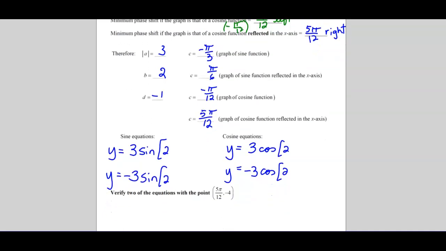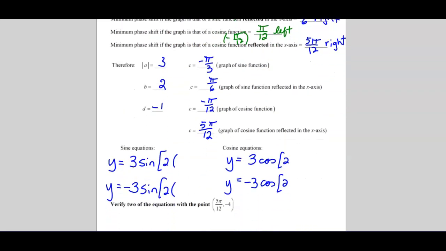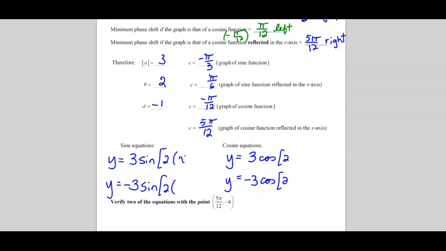Then within that, there's translations, horizontal, so open bracket. And we're dealing with, is it theta or x? It's x in this case. So x minus negative pi over 3 will be plus pi over 3. X minus pi over 6. Then for cos, x minus negative pi over 12, so plus.